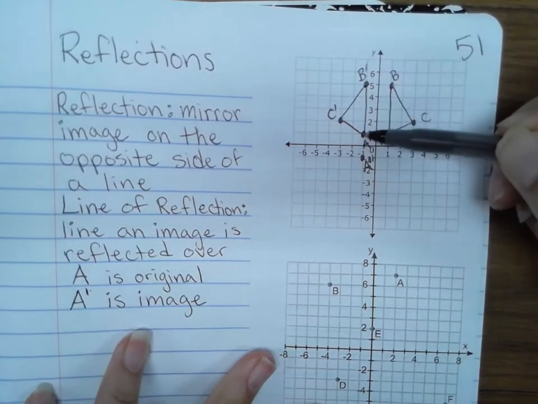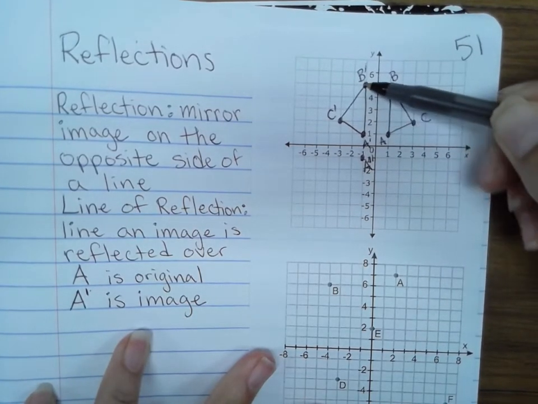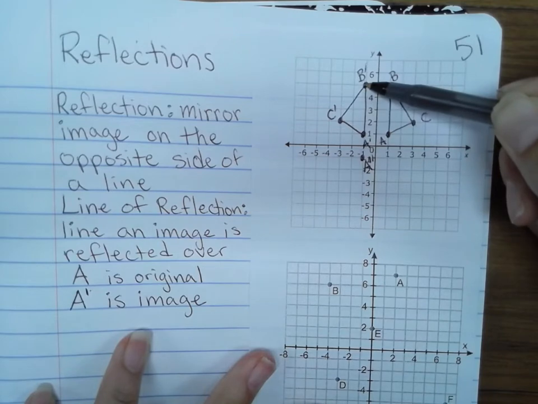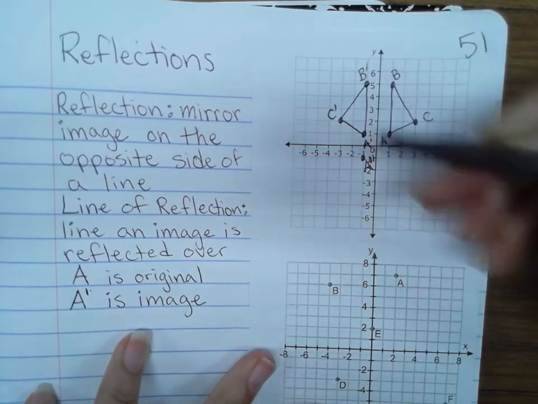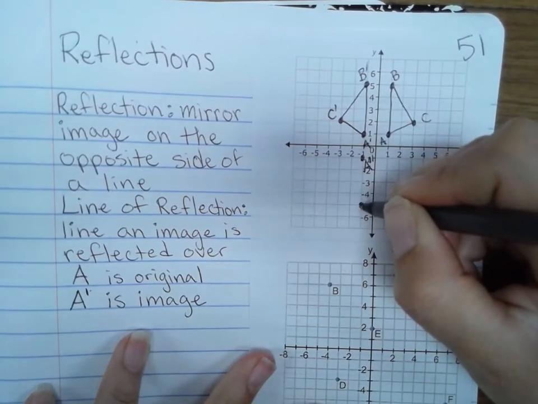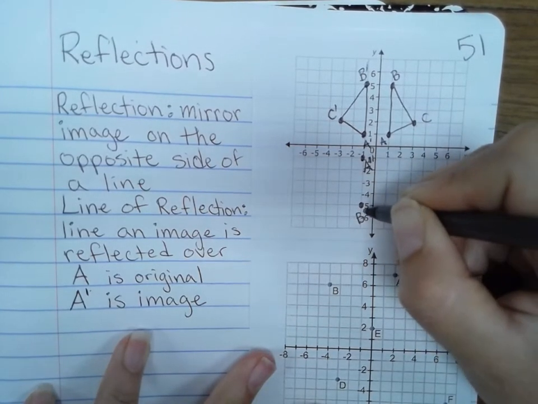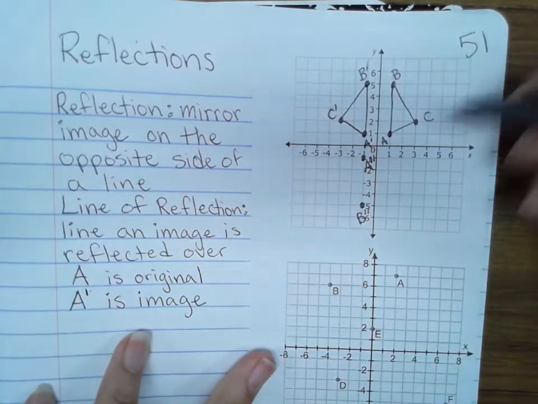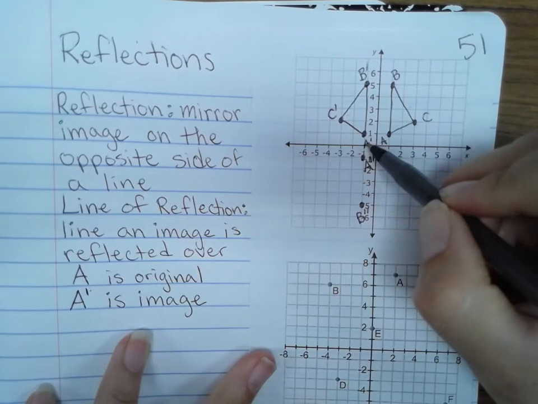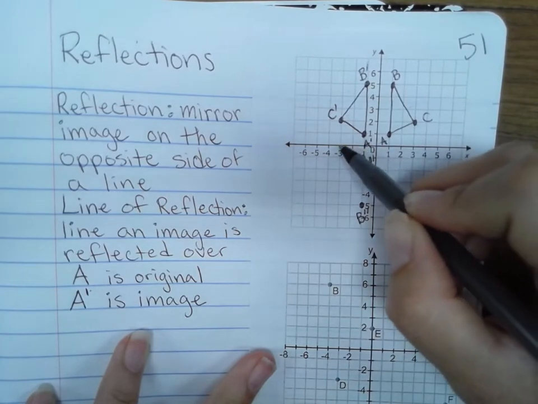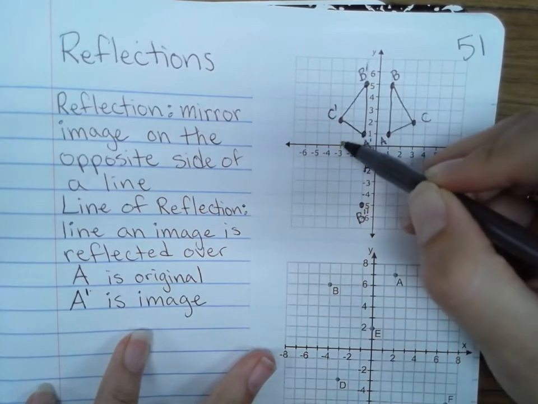This one is 1, 2, 3, 4, 5 units away. So I'm going to go 1, 2, 3, 4, 5 units away in the opposite direction. This will be B double prime. It's the second reflection because I'm reflecting the reflection. Okay, the last one I have is 1, 2 units away from the x-axis.